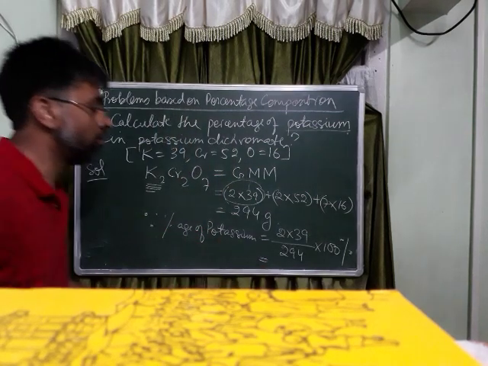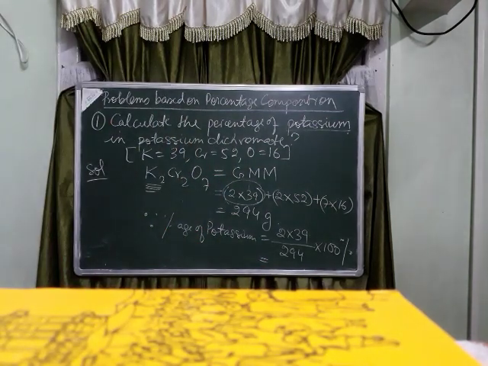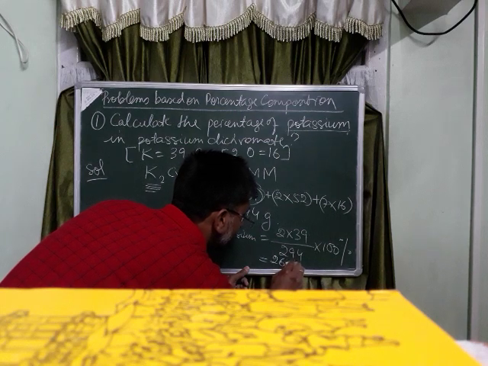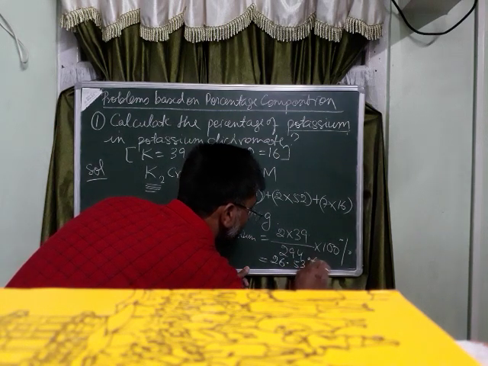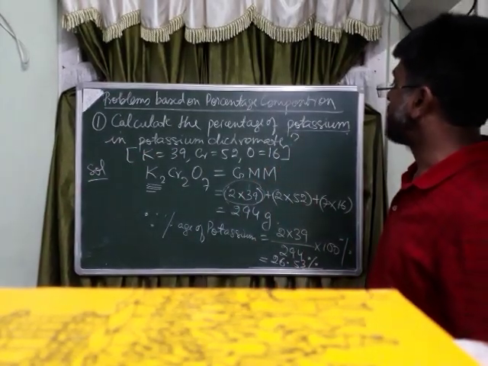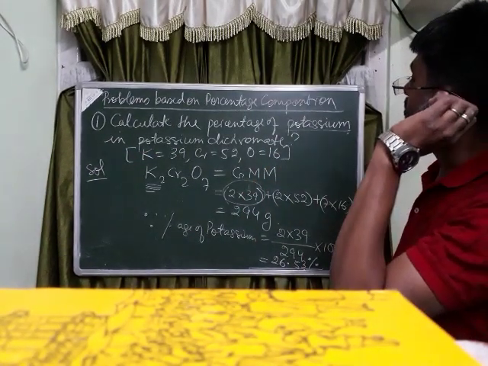So upon simplification, here we will get the percentage of potassium as 26.53%. So this is how we have to calculate the percentage problem based on percentage composition.